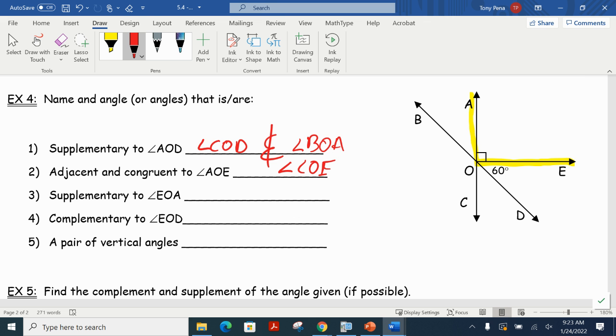Supplementary to EOA. Armando? EOC. Good. Isn't it the same one we just did? I think Assad said COE. Armando called it EOC. Either one of those is okay. But that's the one that's supplementary to EOA because it creates this straight line.